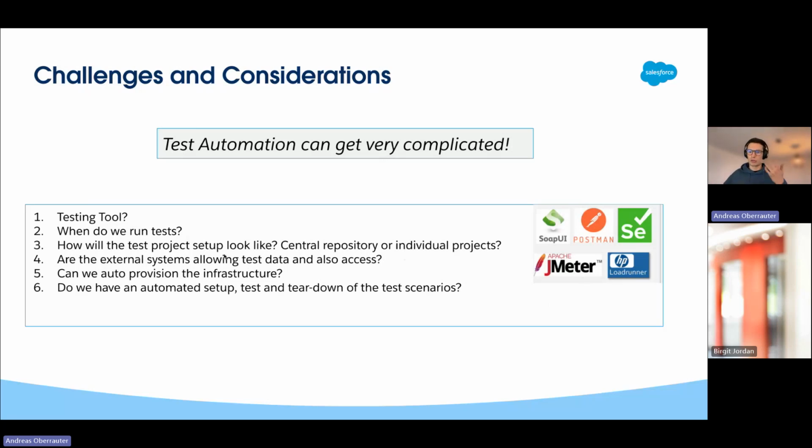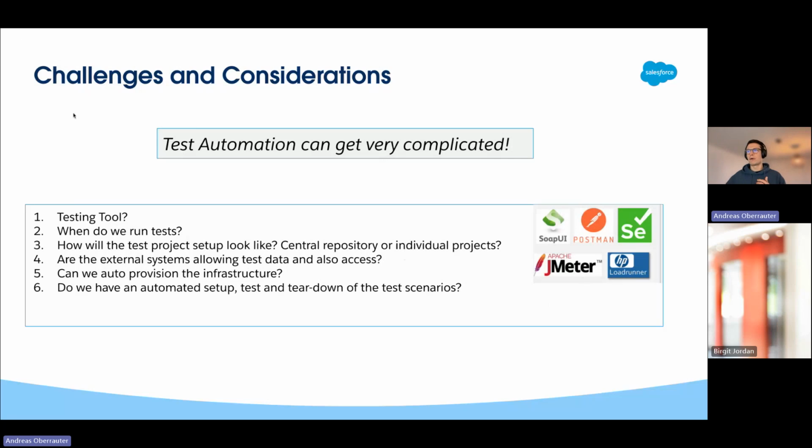And do we have access to those external systems to check automatically? If we talk about automated performance tests, do we even have the provisioning of the infrastructure? Because we want to run performance tests on an infrastructure similar to our prod infrastructure, and that can be quite expensive.